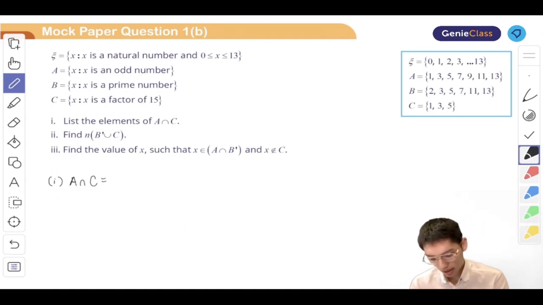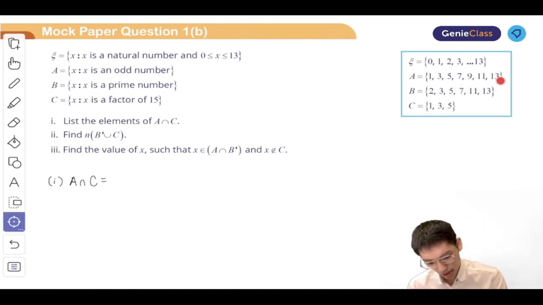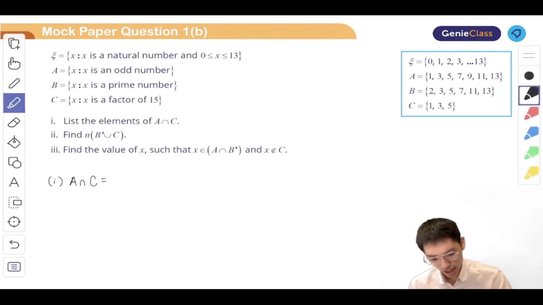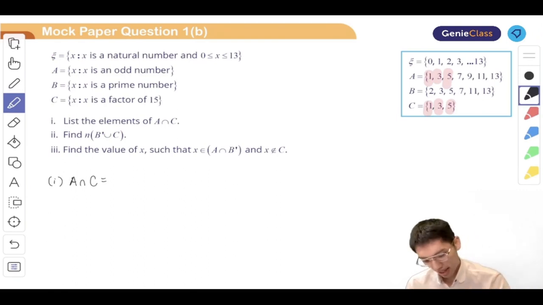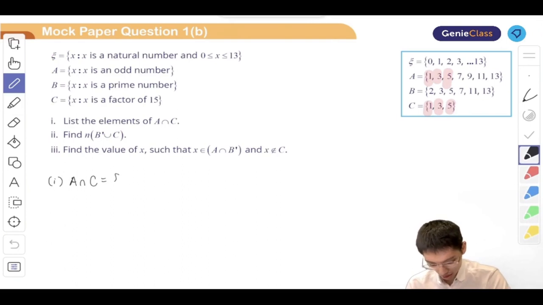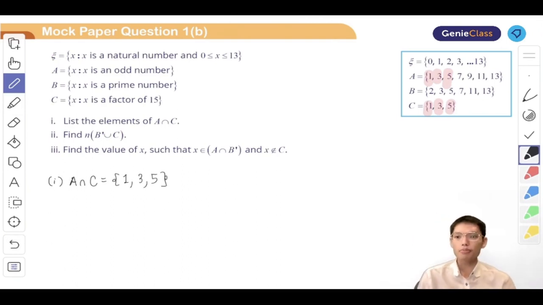So let's visualize. This is set A. This is set C. The elements in common are none other than 1, 3, 5. So all we need to do is write down the elements in both sets. It's going to be 1, 3, 5. And that's my first part.